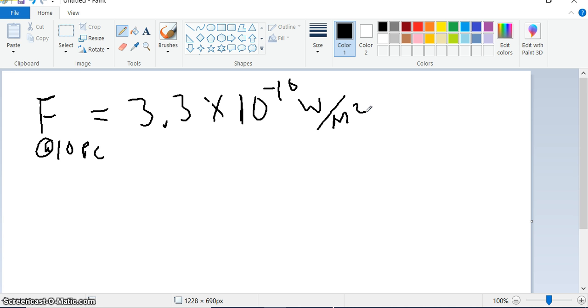Remember, watts are joules per second, so that's the energy per second per square meter. So that is number 4. Now we're going to do number 5.